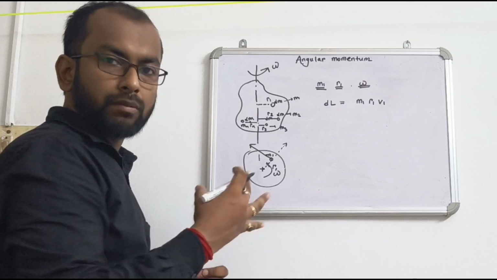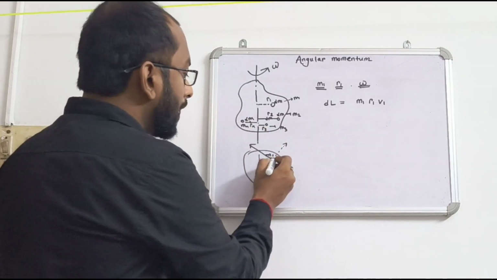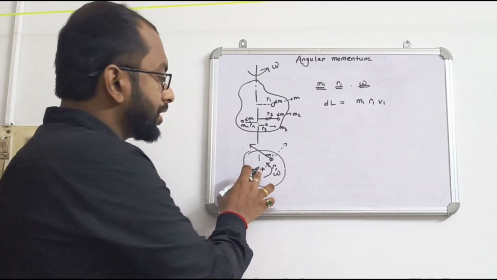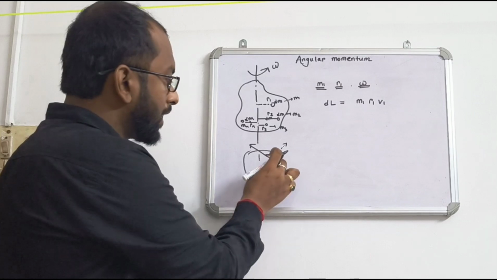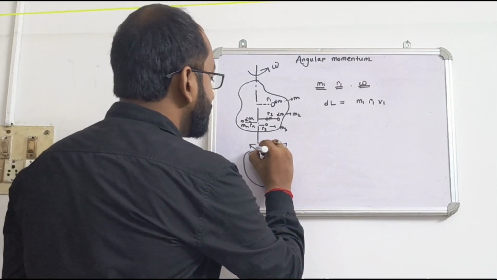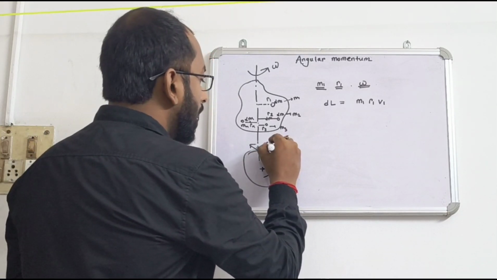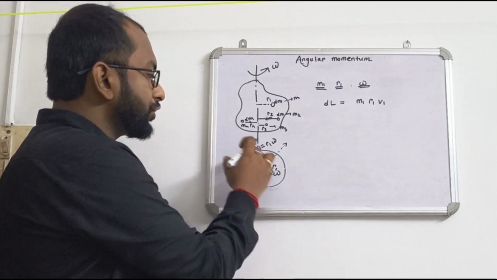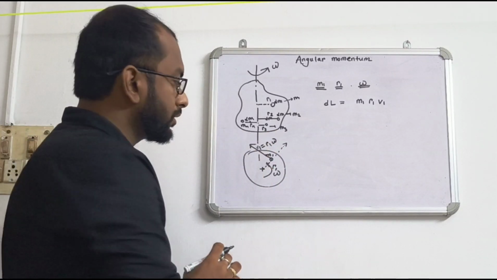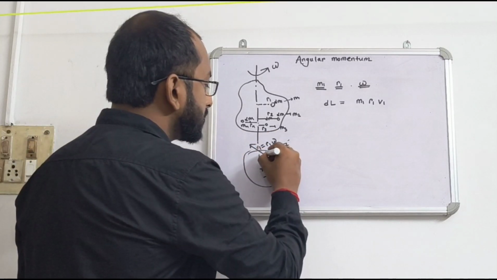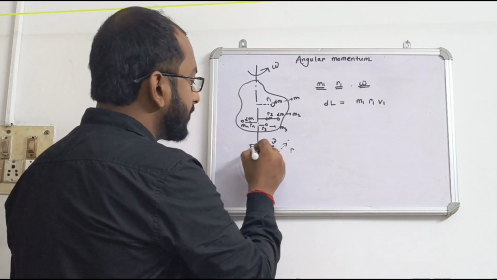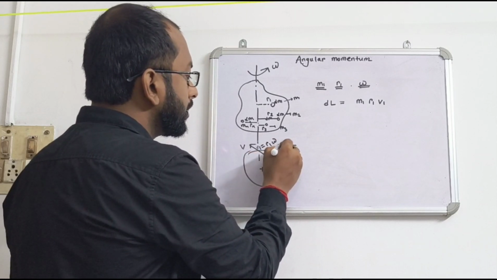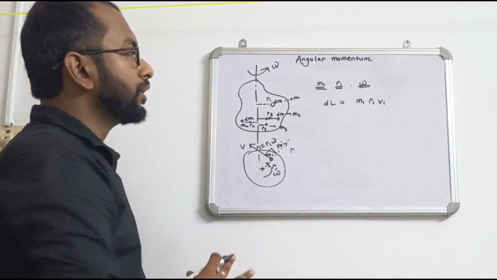On the concept of circular motion, you know that if one particle is rotating with respect to one axis with angular velocity of omega at distance r1, its velocity v1 will be r1 into omega, and this direction will be tangential to the distance vector. Tangential to the distance vector means the angle between r vector and v vector is 90 degrees. So r cross v is basically rv only.